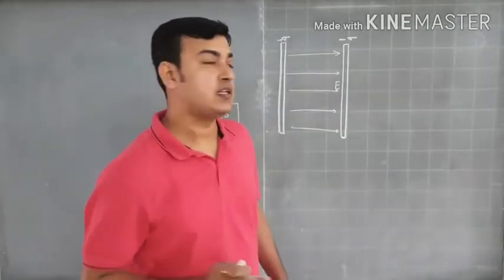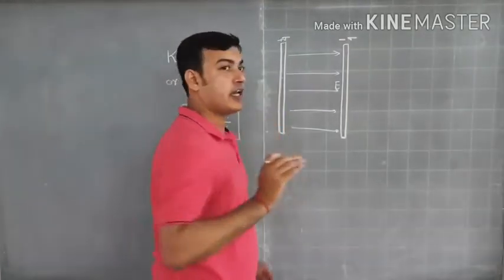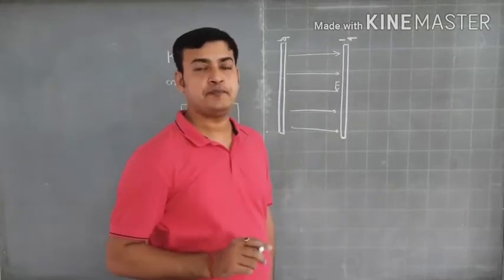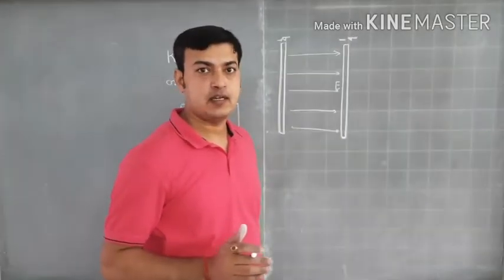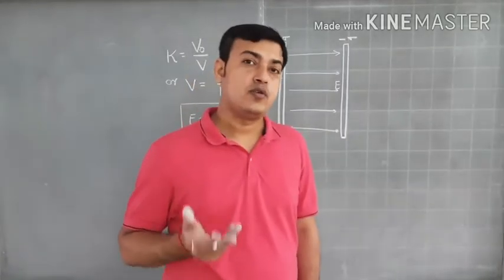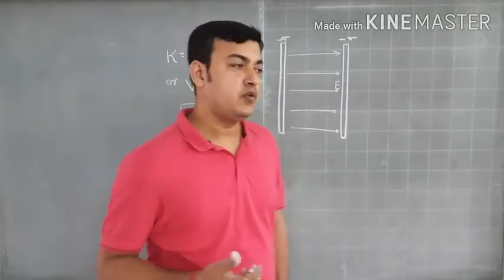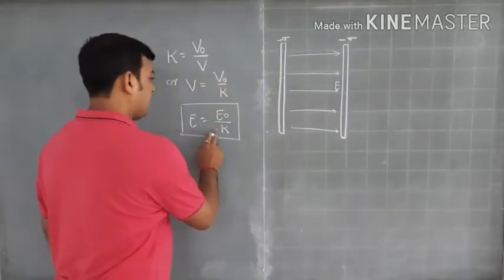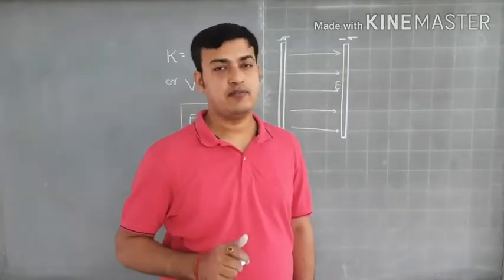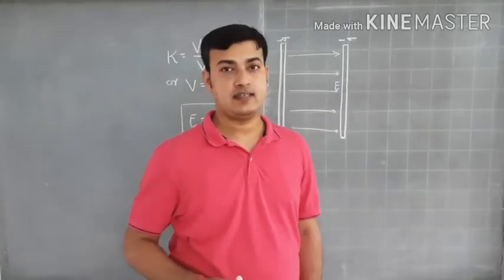But the answer is that the charge is kept constant. So if the charge is constant on the plates of a capacitor, it means the charge density will not change at all. So what is happening? Who is decreasing the electric field by this factor? The answer is the dielectric.